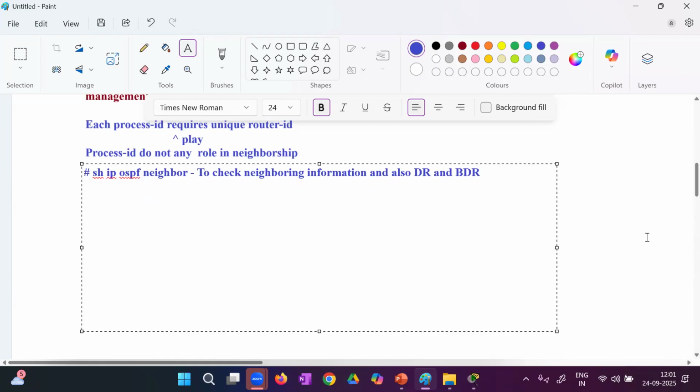So as of now, the priority number on all the routers was 1 by default. Now we will change the priority number on all the routers, and then we will see how the election happens here.